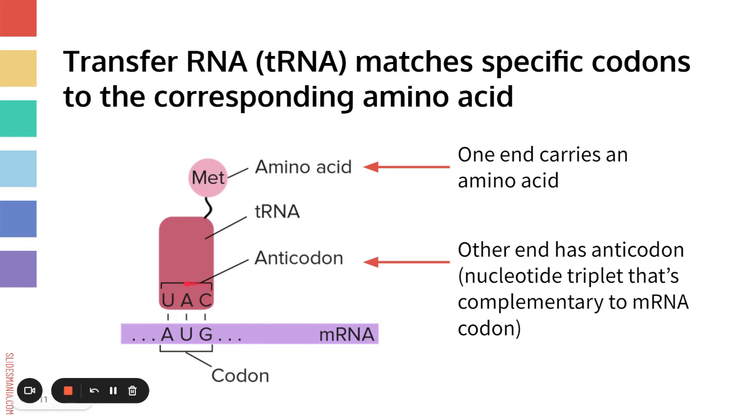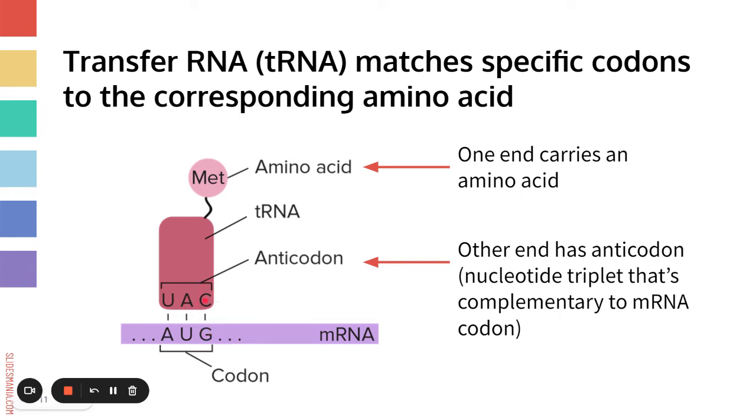On the other side of the tRNA is what's called an anticodon. So the anticodon is going to be an RNA nucleotide triplet that's complementary to the codon on the mRNA. So here our mRNA codon says AUG, and we know that A is complementary to U for RNA, U is complementary to A, and G is complementary to C. So this anticodon is going to be attracted to, it's going to hydrogen bond with this codon on the mRNA.